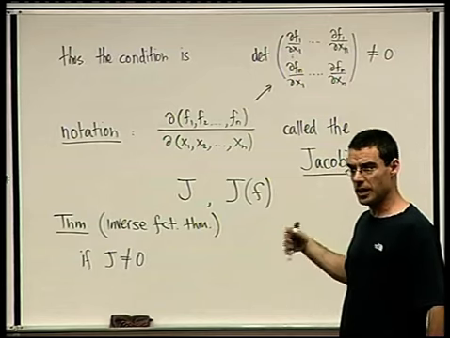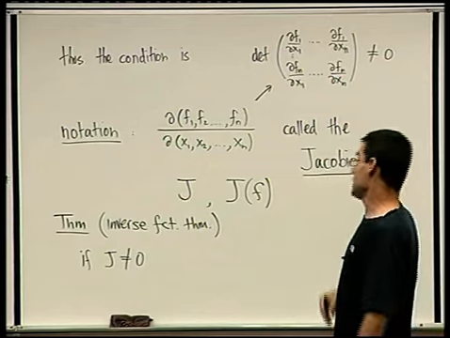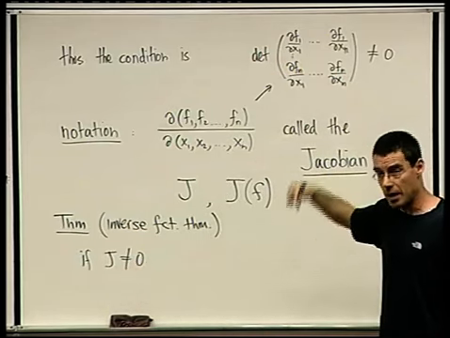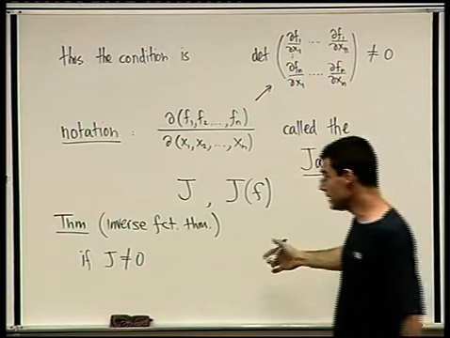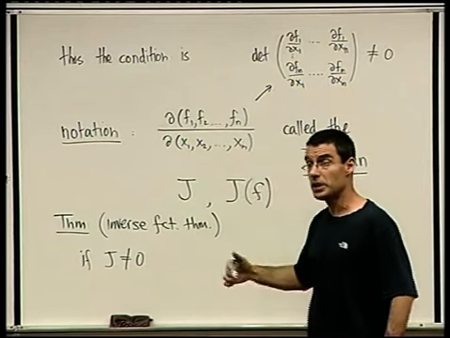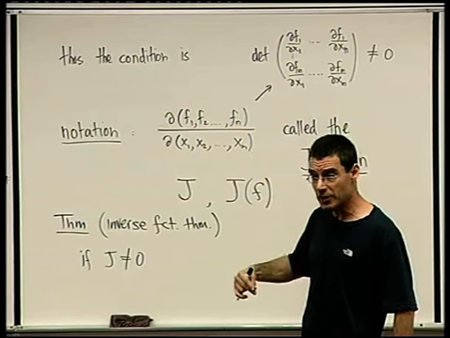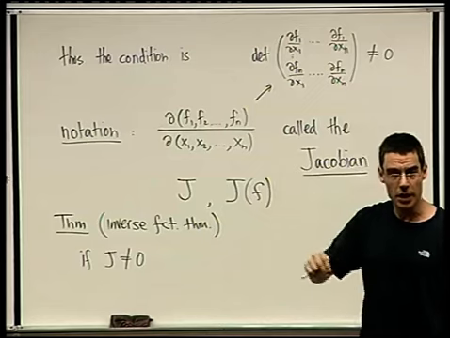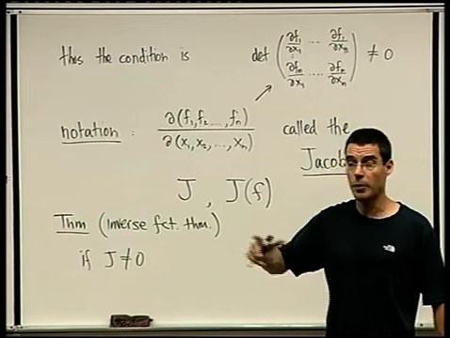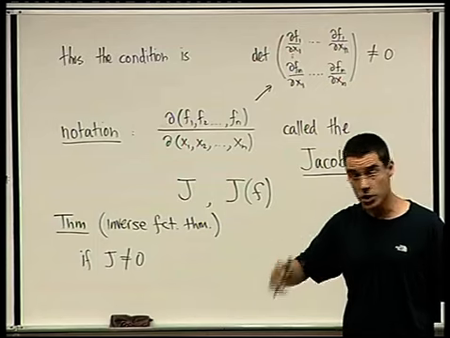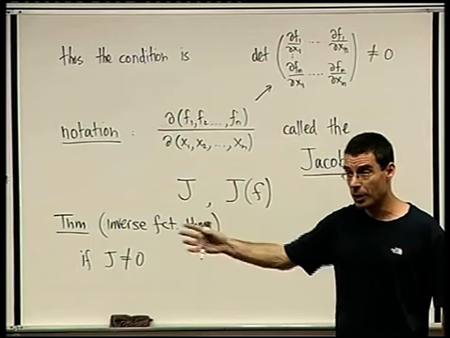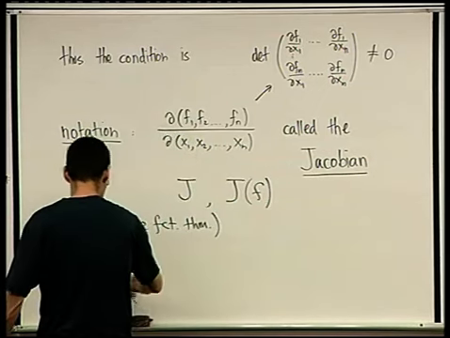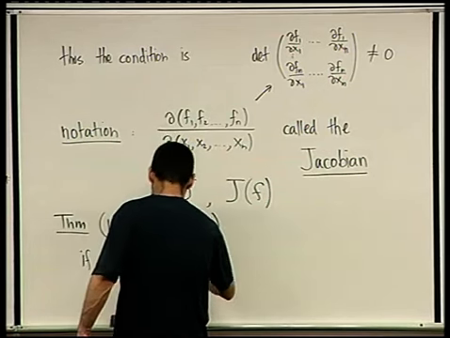And assume that all the fi's are C1 functions. And assume that the Jacobian of the system is not 0 at a point. Then we can invert the system. We can write the xi's as functions of the yi's. Then there exist functions x1 equals, let's call them g1 of y1 up to yn, x2 equals g2 of y1 up to yn, etc. I'm not going to write all of that. I'll just be brief.